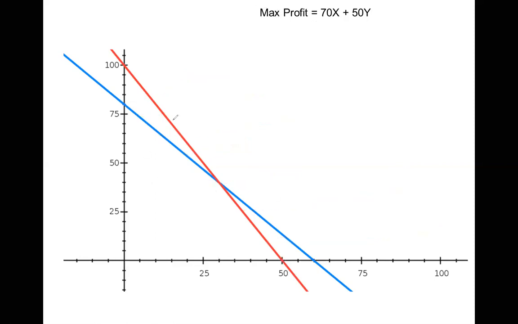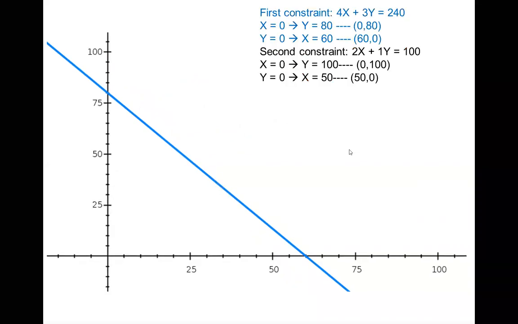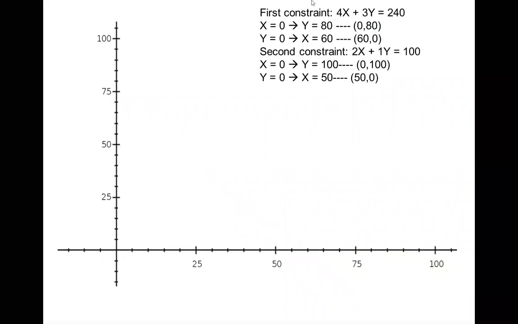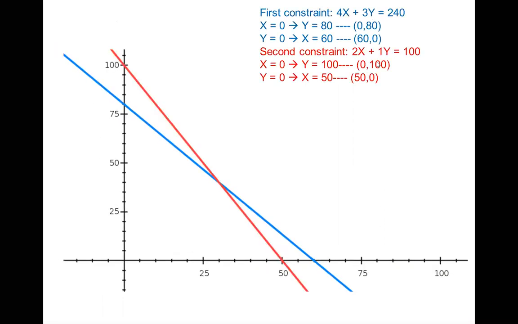I will just return back to the two lines, and we can see how we can solve this very simply. Return back to the two lines. At the intersection of these two lines, solve them as linear equations with two unknown variables. Then you'll find the answer that x equals 30 and y equals 40. So that's the point for these two lines.